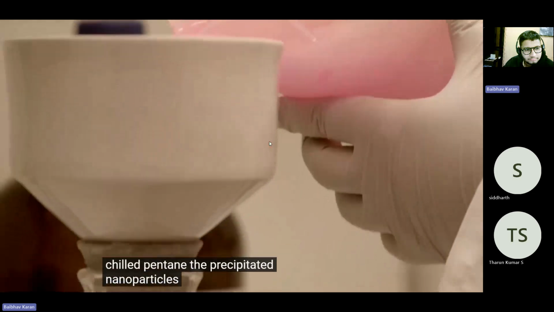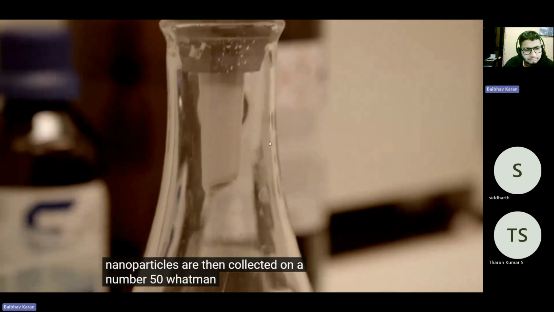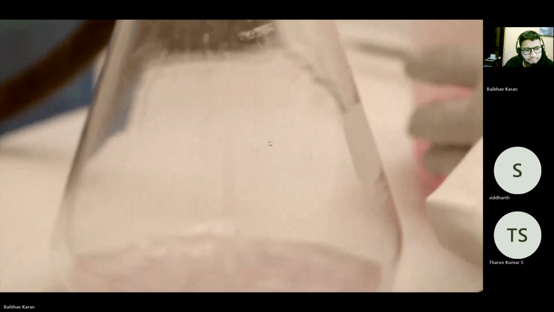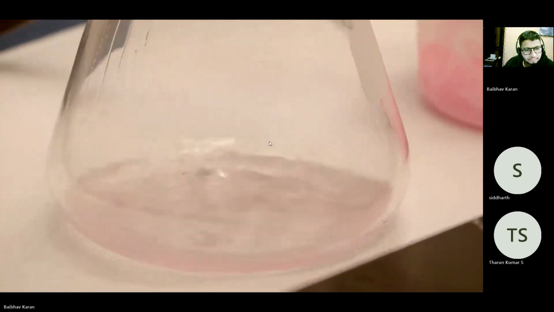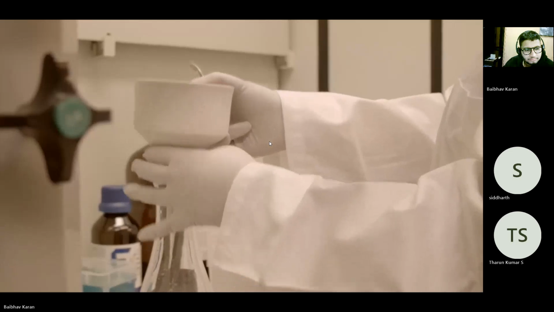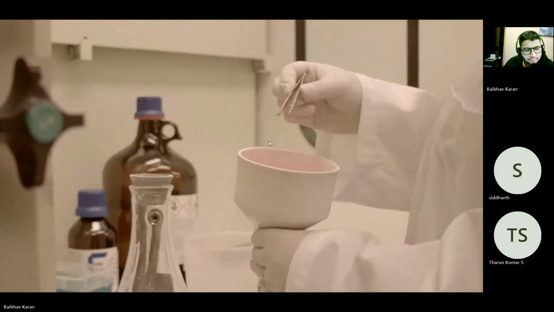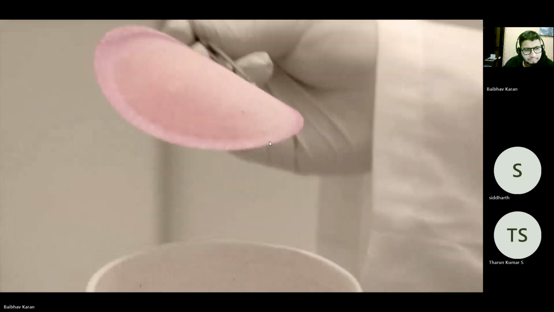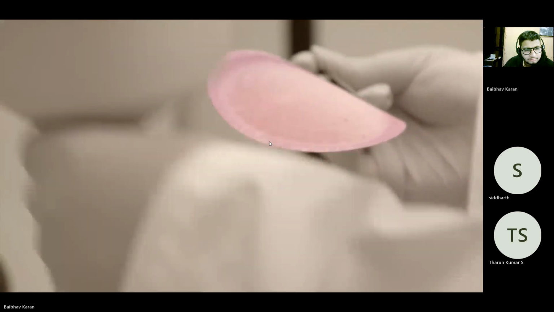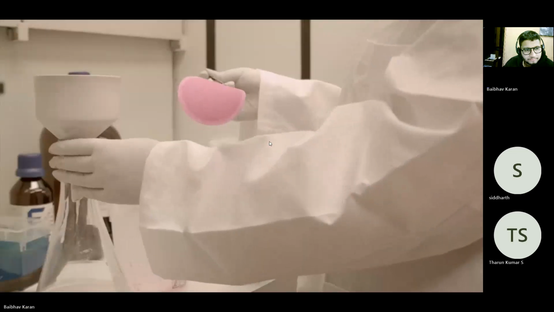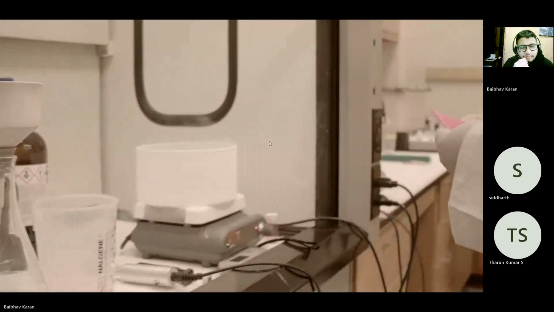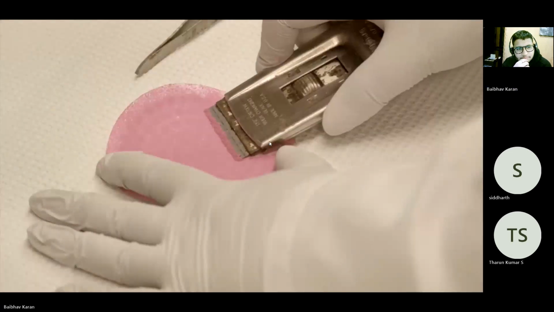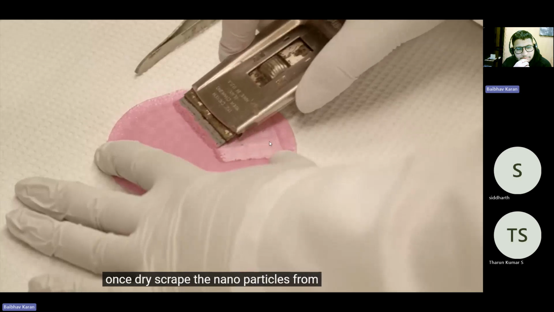The precipitated nanoparticles are then collected on a number 50 Whatman filter paper via vacuum filtration. Once dry, scrape the nanoparticles from the filter paper.